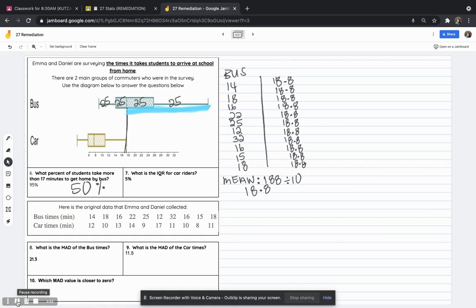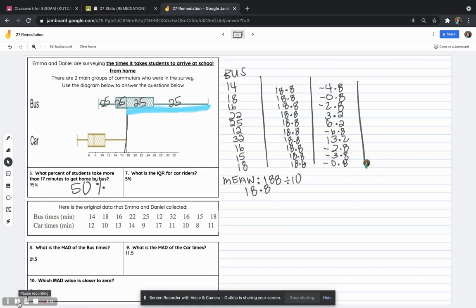All right, then your next step is to take the numbers in the first column and subtract the mean. So 14 minus 18.8. That's going to give us negative 4.8. And I'm going to do that all the way down. All right, once you subtract everything, then you're going to go ahead and make all your negative numbers positive. And then you find the average of that.